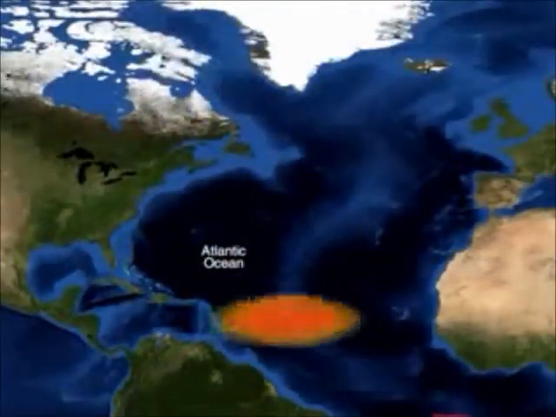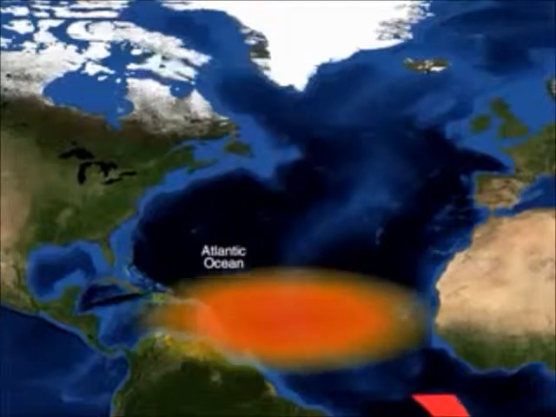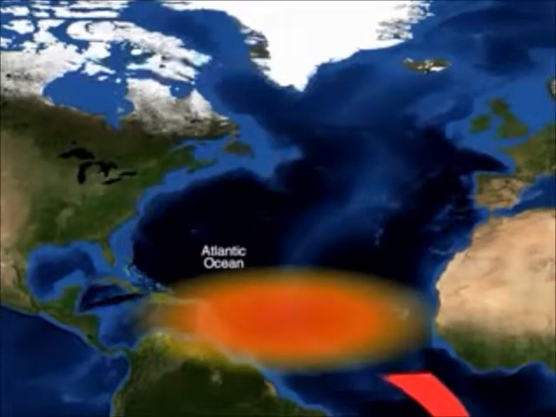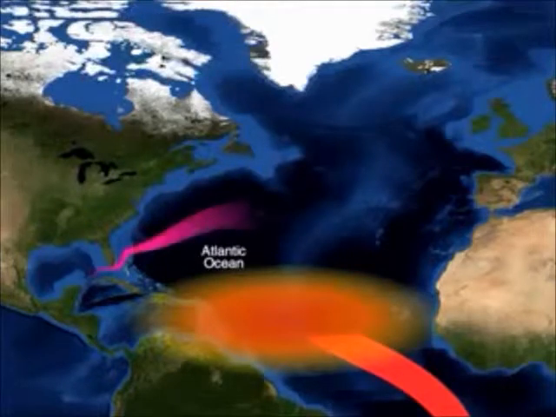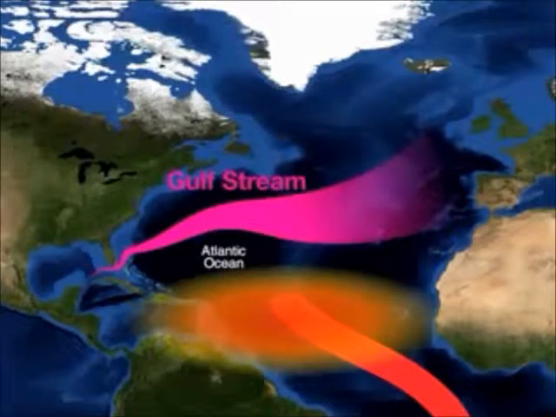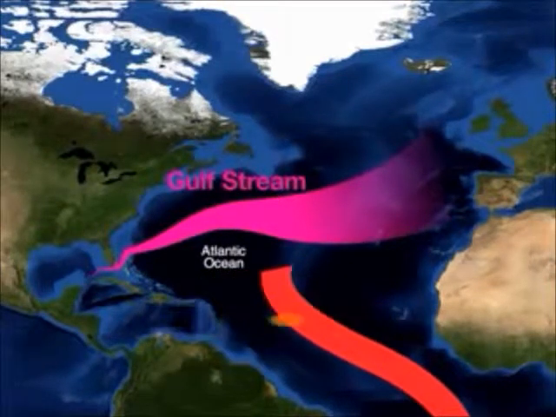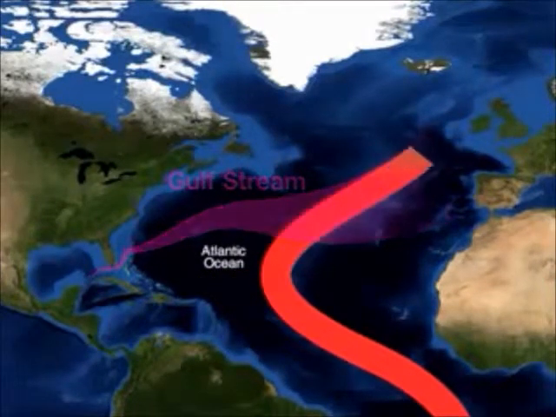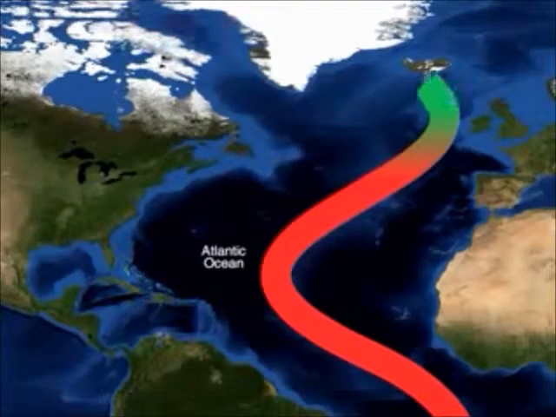Surface water at the equator is heated by the tropical sun. Trade winds created by the same heating effect push this surface water from the Gulf of Mexico towards northern Europe, also known as the Gulf Stream. As the hot upper layer of water moves away from the equator, it cools and evaporates. Water freezes towards the pole, and what's left is very heavy, cold, dense water.